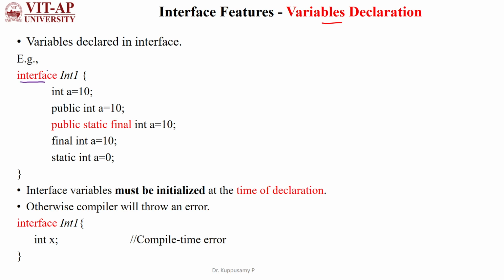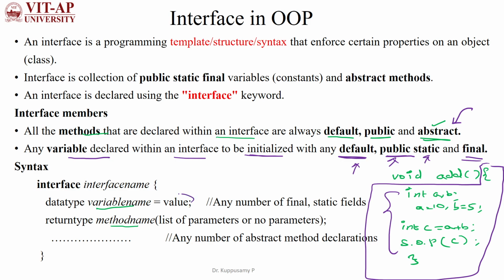Here interface is the keyword, and I am using int1 as the name. Here I am declaring a variable with the data type integer. Then a is the variable name, and I have to initialize it at the declaration itself. You see, during the declaration itself, the data type and variable name are given.